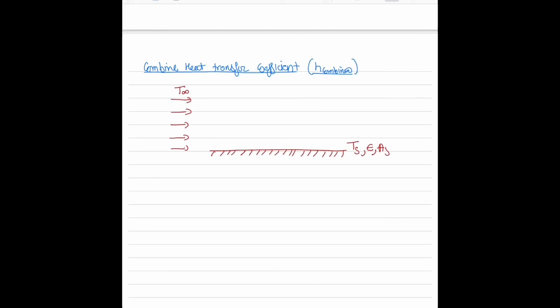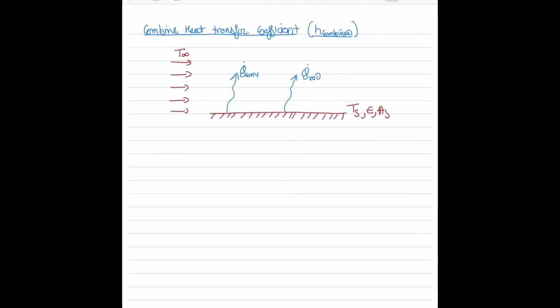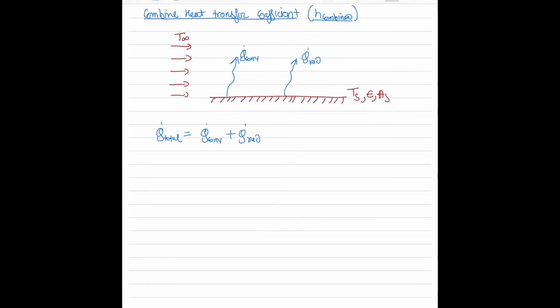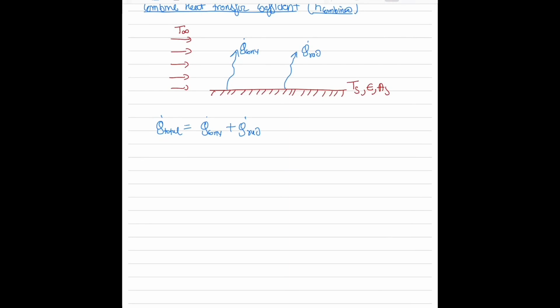In this case, there are two modes of heat transfer from the surface: heat transfer by convection, and heat transfer by radiation. So the total heat can be expressed as Q convection plus Q radiation.